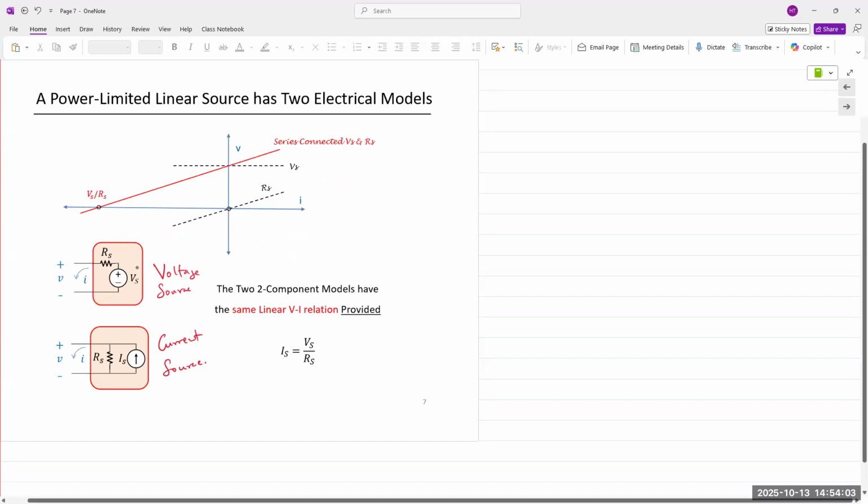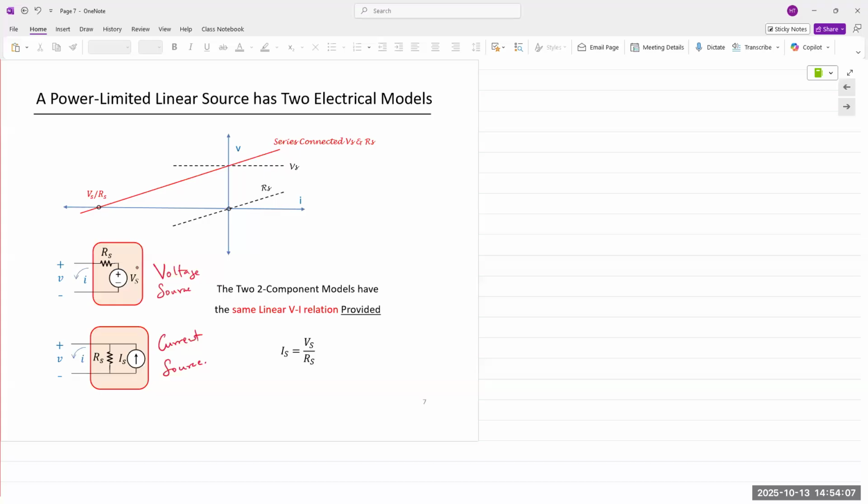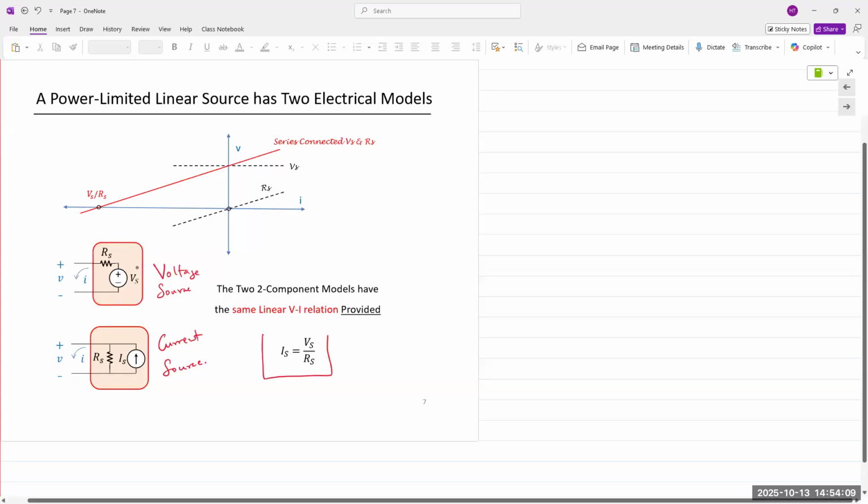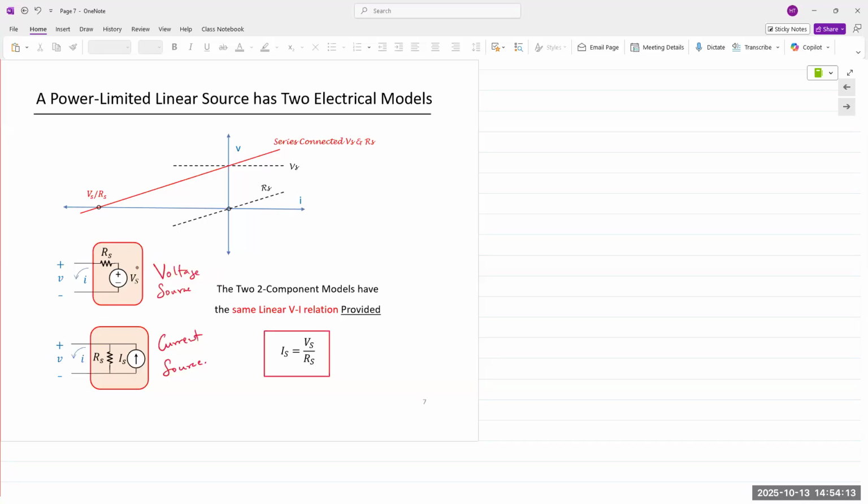Voltage source has a resistor in series, current source has a resistor in parallel. They would have the same VI characteristic as long as this equation holds true.